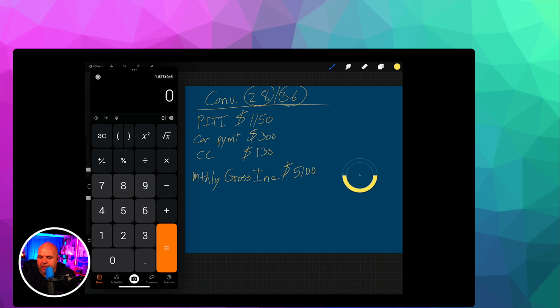Yeah, so the PITI only matters with the 28. But for all of it together, we're going to use 36 because that's including the PITI and the recurring debt. So let's see if they qualify under the front end ratio alone. PITI related to the 28%.